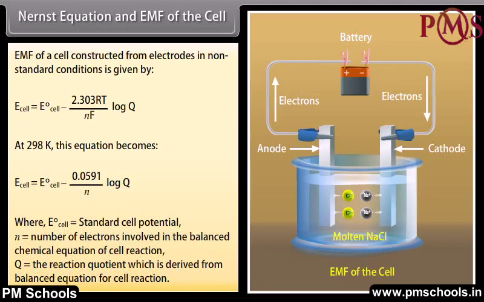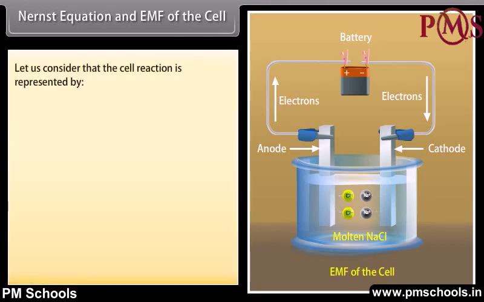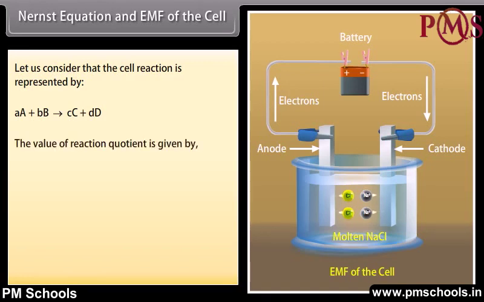balanced chemical equation of cell reaction, Q is equal to the reaction quotient which is derived from the balanced equation for cell reaction. Let us consider that the cell reaction is aA plus bB gives rise to cC plus dD. The value of reaction quotient is given by Q is equal to [C] raised to the power c into [D] raised to the power d divided by [A] raised to the power a into [B] raised to the power b.